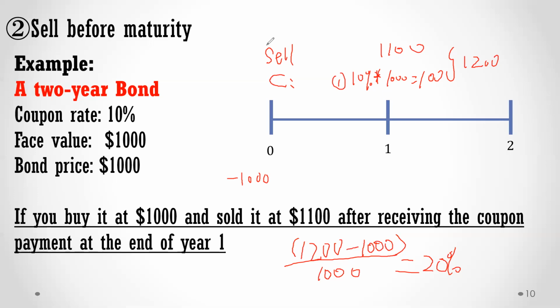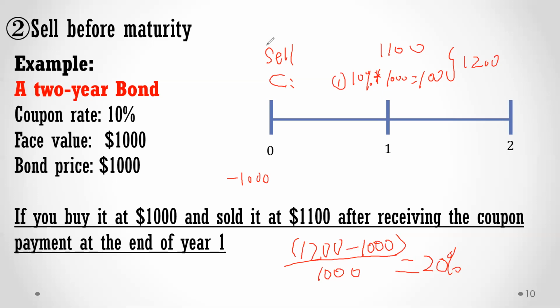Now I think you need to understand that when we're talking about the realized return for a bond, we need to separate our discussion into two different scenarios. The first one is you hold a bond until maturity, then your return is 10%.